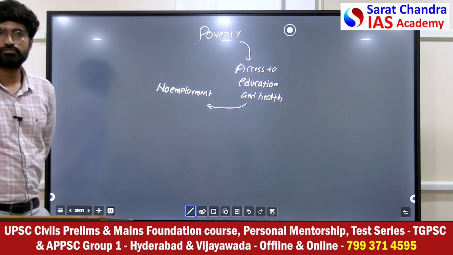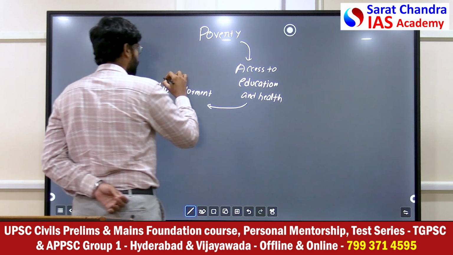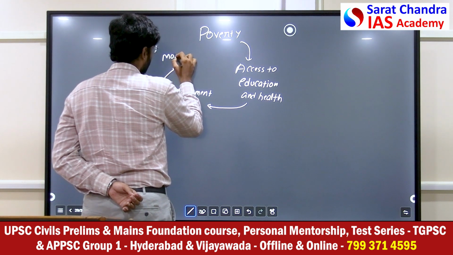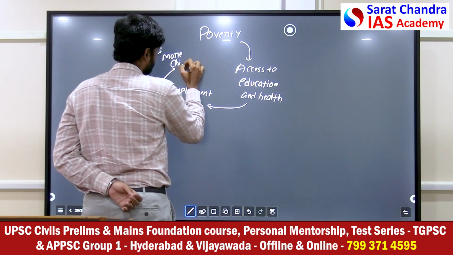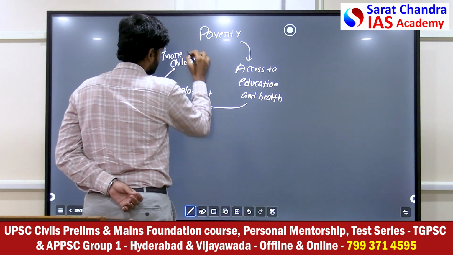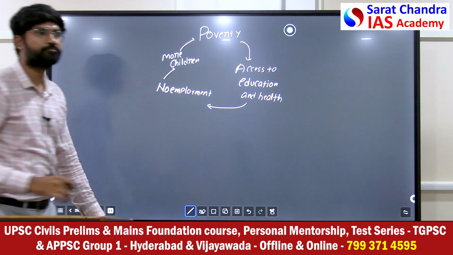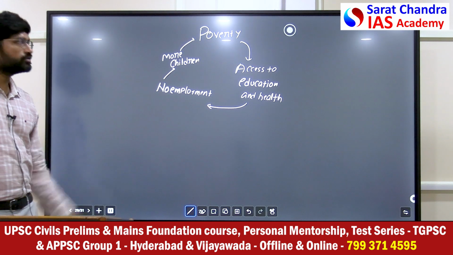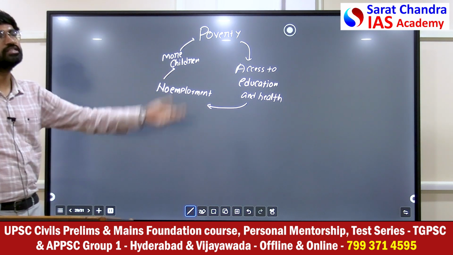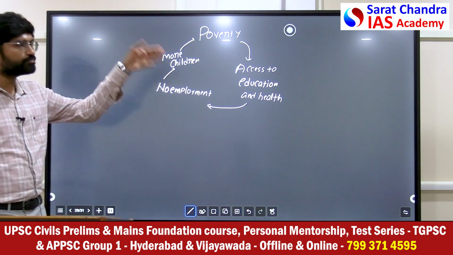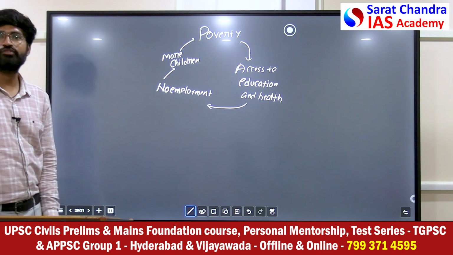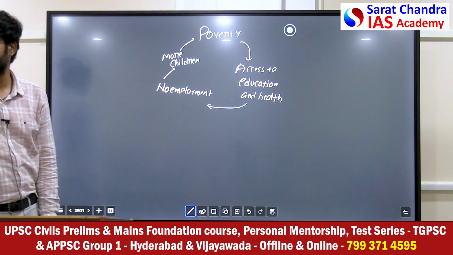Because of no employment, I go for more children, which is again leading to poverty. So this is how the continuous vicious cycle has been seen. You can't break out from this cycle. This is the vicious cycle of poverty which I can see.